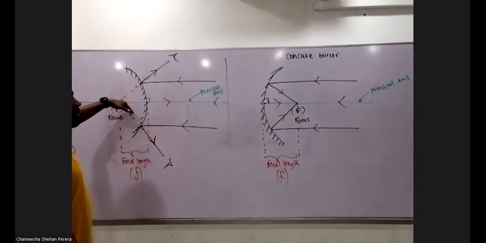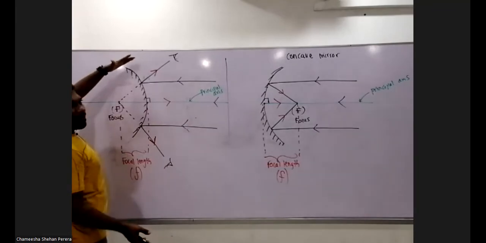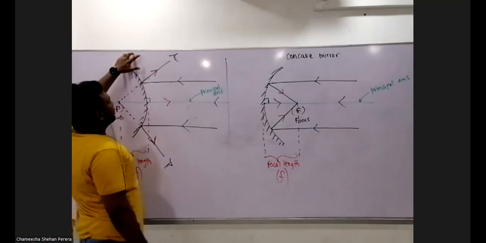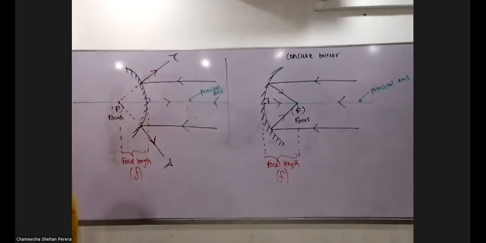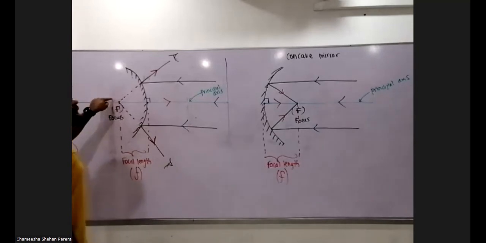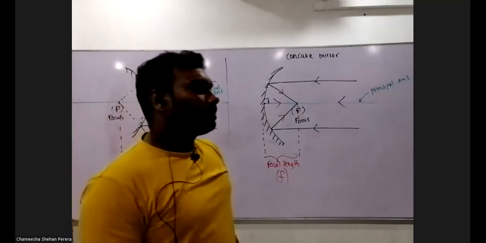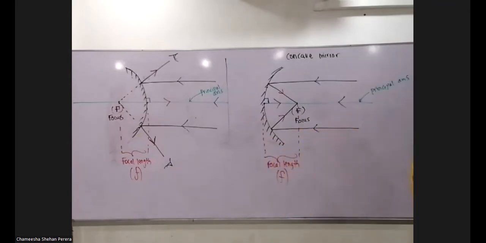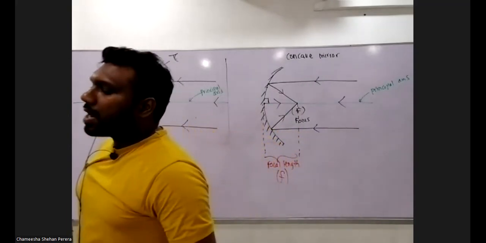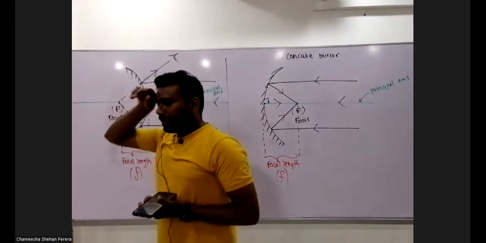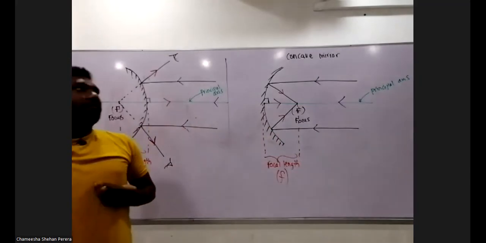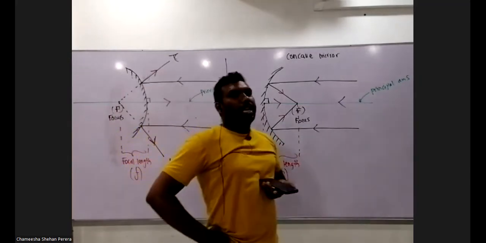A convex mirror diverges a parallel beam of light, as the diverged rays appear to be coming from the point F on the principal axis, behind the mirror.